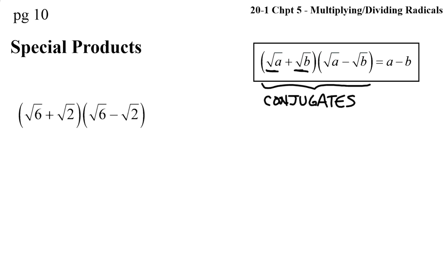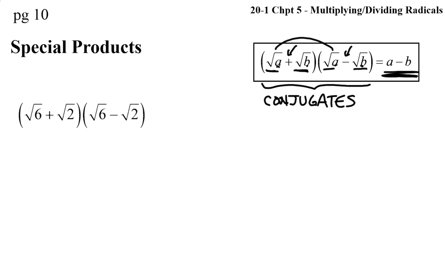Root A and root B, root A and root B, but we have different signs, positive and negative. When you have those situations, our answer simply becomes the radicand and the radicand with a subtraction sign. It just becomes radicand A minus radicand B.